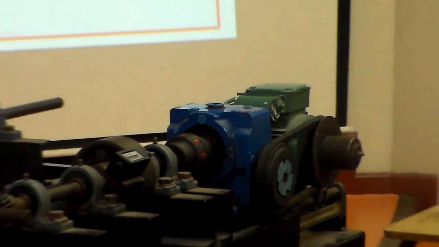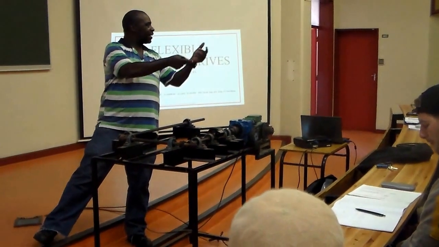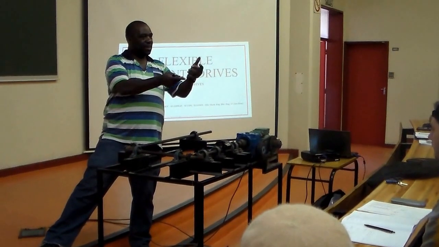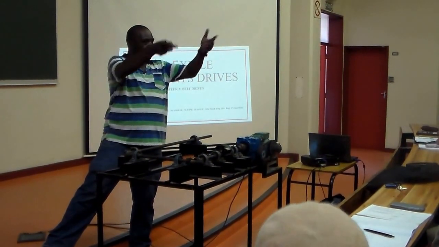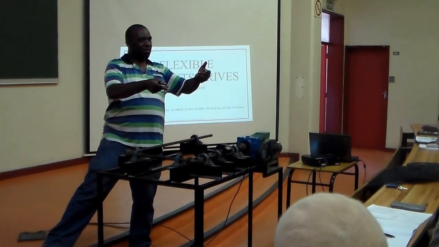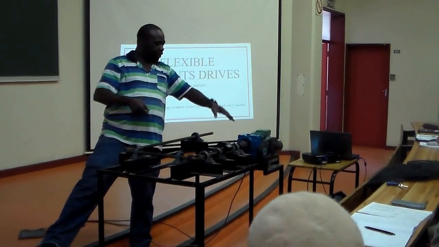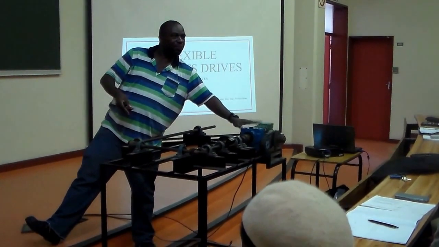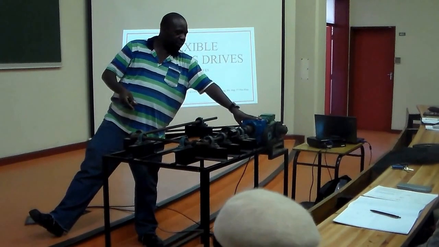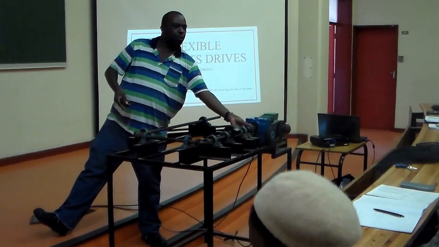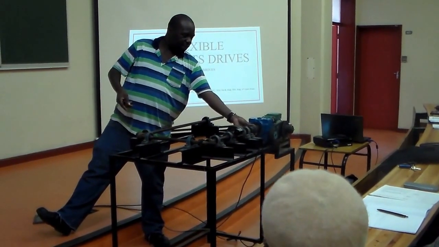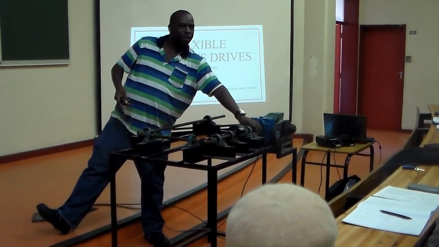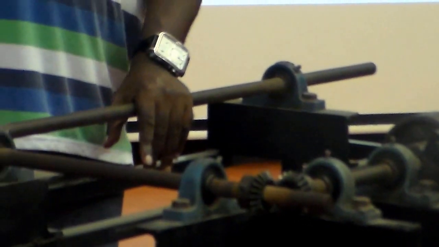You will have gone through those spreadsheets to produce this gearbox. Then this is the output of the gearbox, and then you have a coupling here, or actually a clutch.